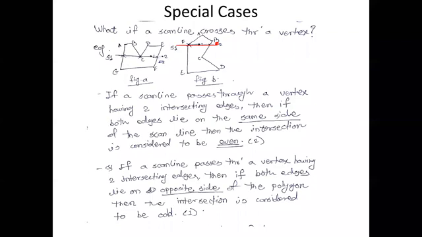Scan line is crossing how many edges? 3 edges, okay, or 2 edges you can say. One, it is crossing this BC, and one, it is crossing a vertex, okay. But in this case, this vertex, both the lines, this line and this line, are on different side of this scan line. So number of intersections will be 1 here.